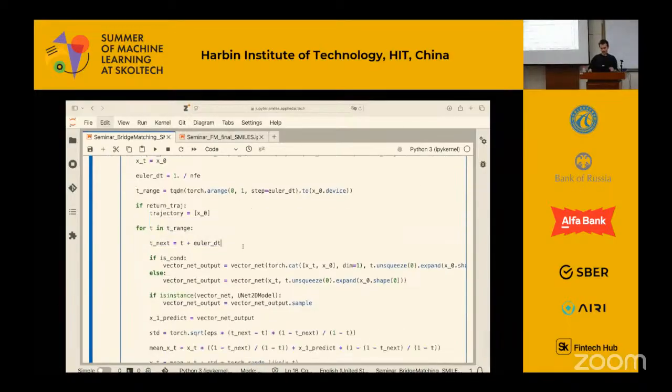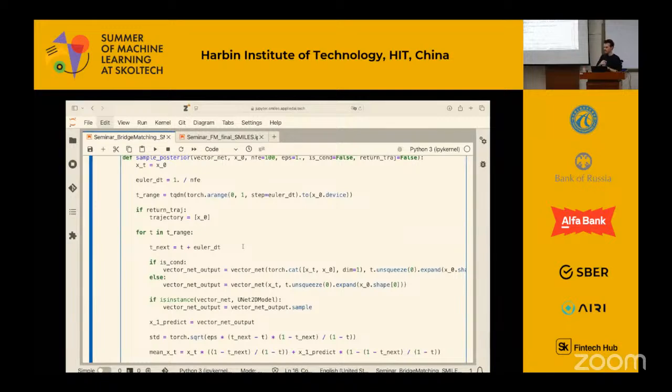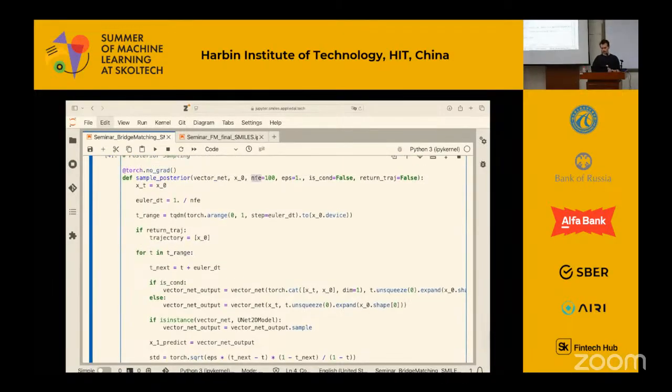So in practice, how this sampling goes: we input the number of integration steps that we want, which is also known as NFE, or number of function evaluations.